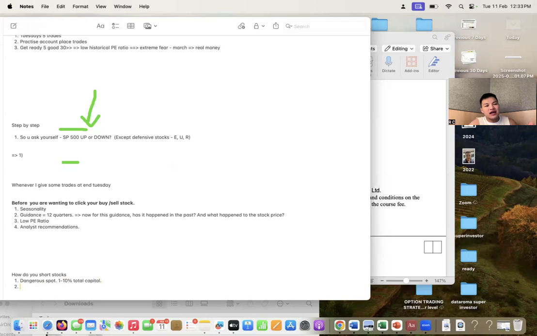And when you're doing things like that, you don't want to use a big position size because it can kill you. People get killed because they short stocks on big position leverage size. I just want to be very, very clear with you right now.